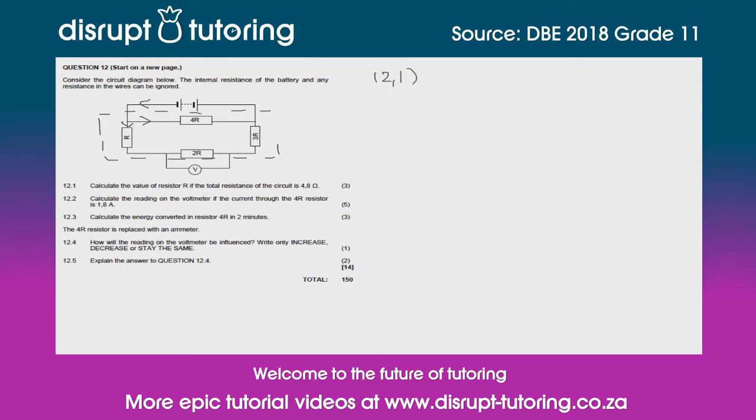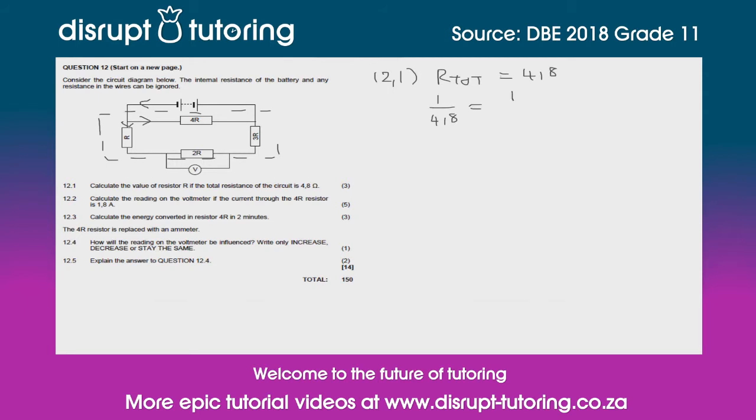So we're going to start with the equivalent resistance formula because we know that the total resistance is 4.8 ohms. So we can start with the parallel resistance formula, the equivalent resistance in parallel formula, and that is 1 over the total equivalent resistance is equal to, and then we look at all of the resistors that are in parallel.